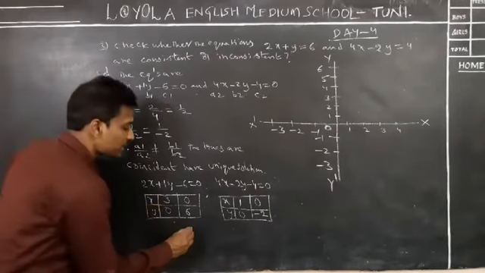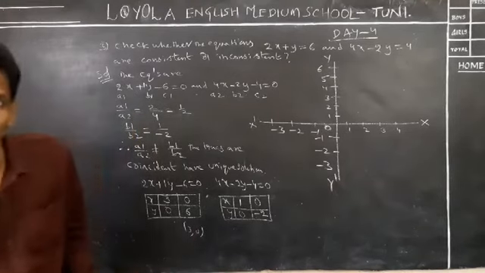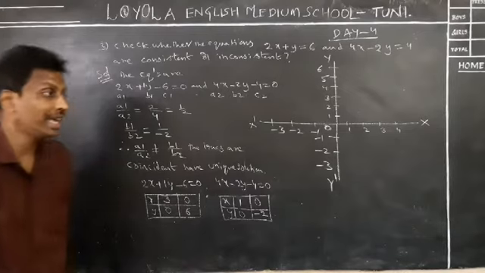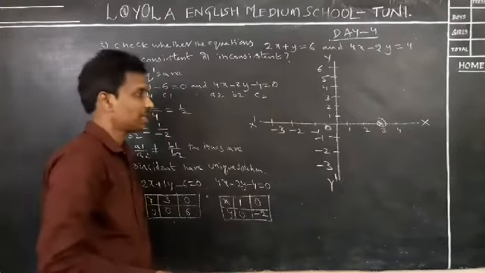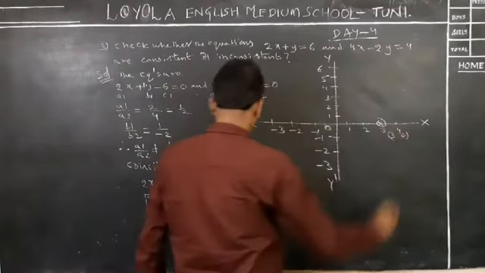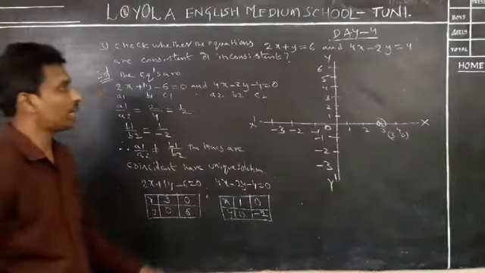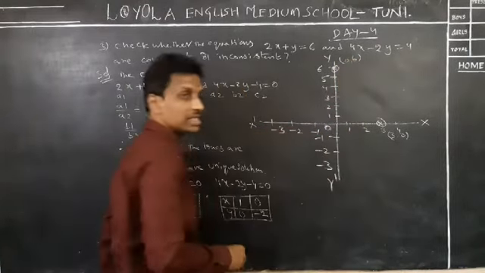This point is (3, 0). That means the x coordinate is 3, the y value is 0. That means this point will lie on the x-axis. So this point represents (3, 0). And next (0, 6). So where does it lie? Here (0, 6).